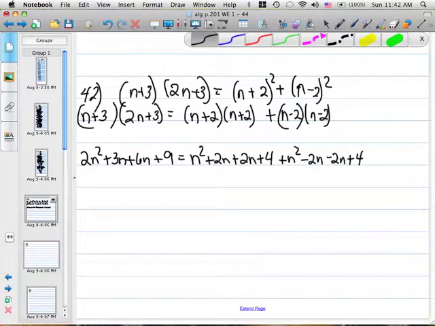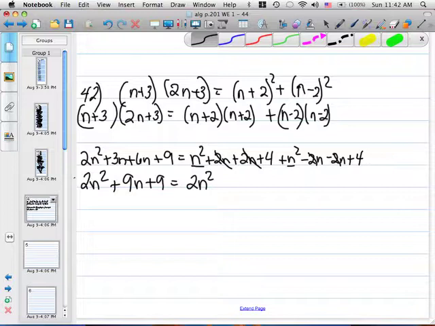So you would double check and make sure that you got that. Obviously we want to simplify. So 2n squared plus 9n plus 9 equals, I have 2n squared here, 2n squared, 2n plus 2n is 4n, that's a negative 4n, so these are just going to go out, and plus 8, 4 plus 4.